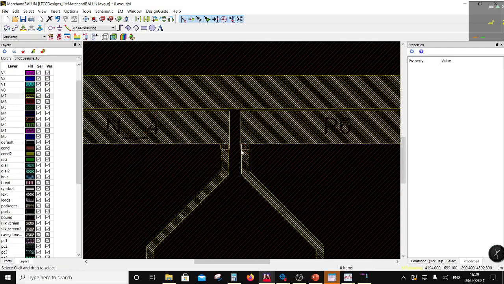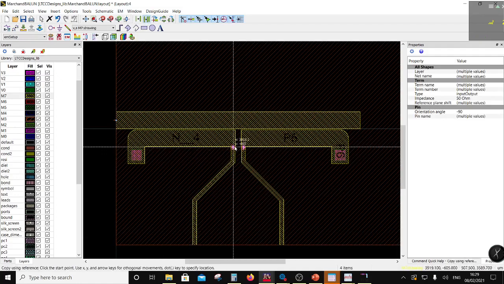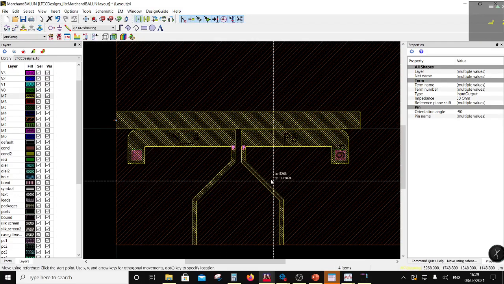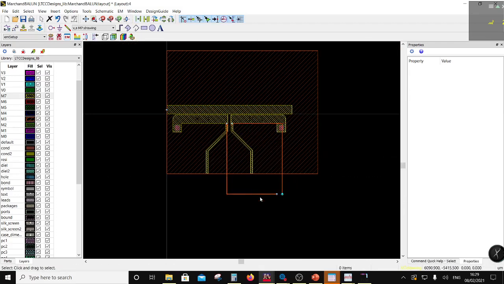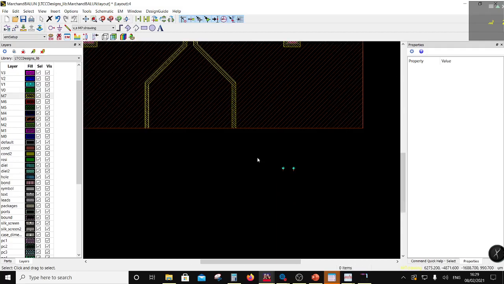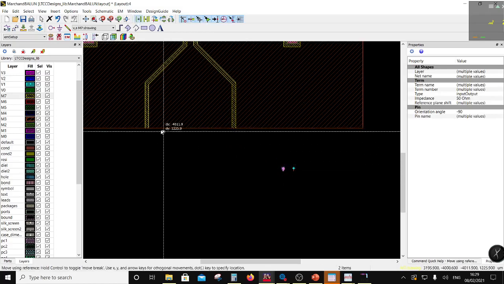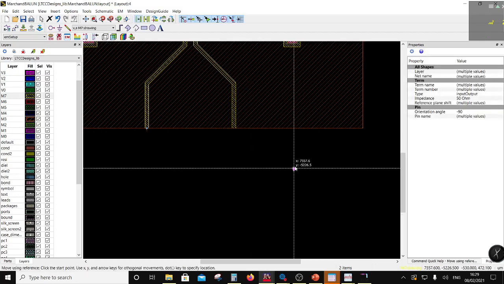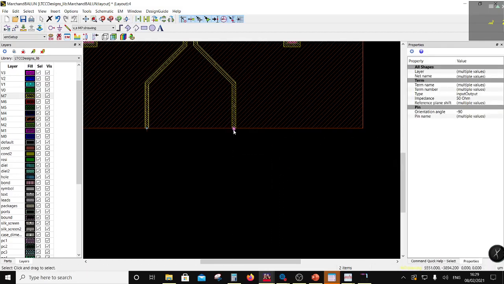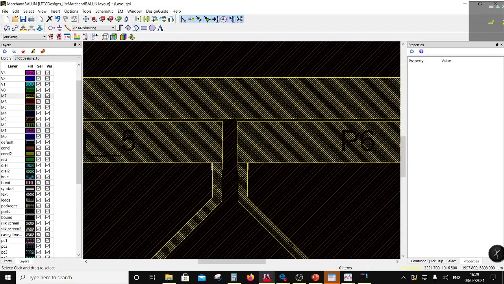So I'm going to drag my ports out of here, drag them out of here and place them over here. Okay, so we have this structure, and this I'm going to remove.